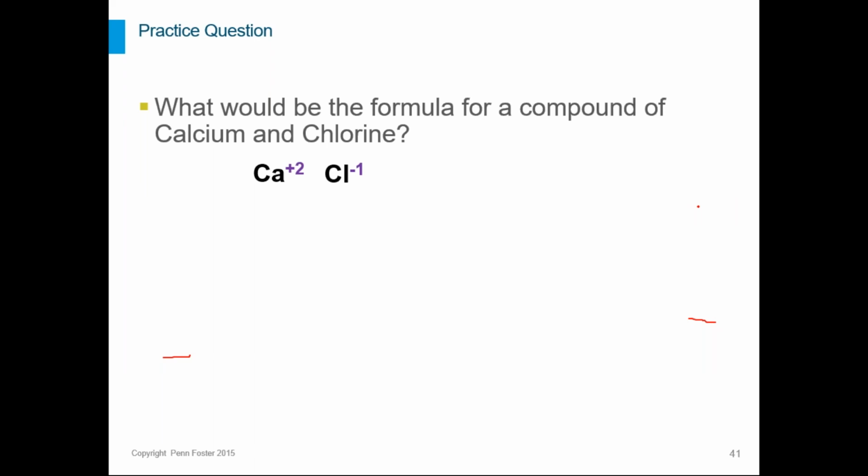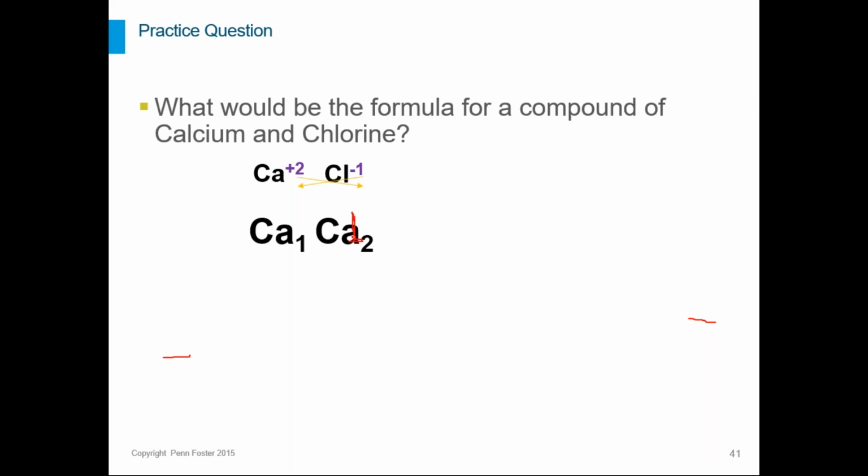So calcium is +2, chlorine is -1. Now if we put them together, we just need those numbers to cancel out. Okay, we're just going to use that trick from before. We're going to put that -1 with the calcium and put that 2 with the chlorine. And so we get calcium 1, oops, gosh, that should be a Cl. Sorry.